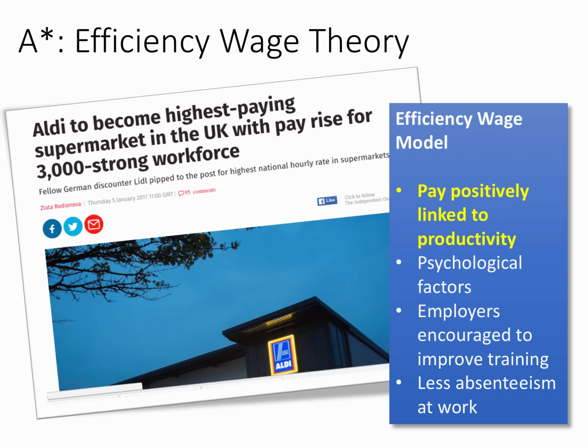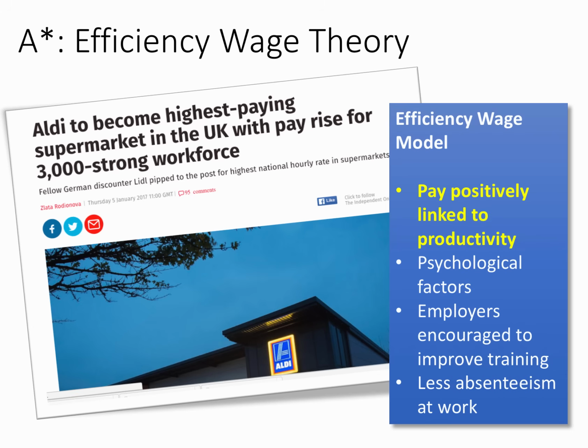So I'm going to finish with what I would call some A-star context. Issues that A-star students are aware of and familiar with and can write about with confidence. First one is the idea of efficiency of wages. This is the idea that the pay you offer to your workforce will have an impact on their productivity. Partly this is psychological.